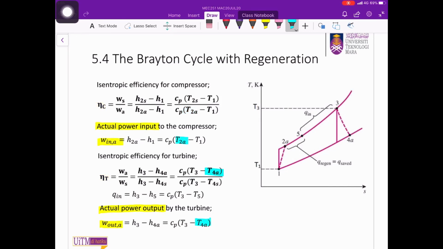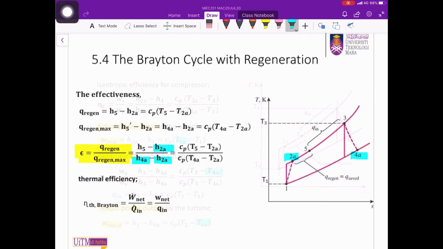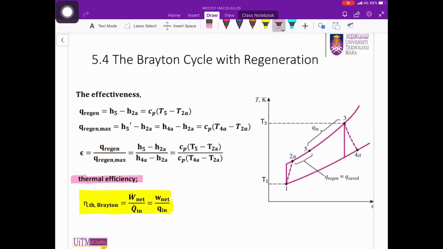The actual power input and power output will use the actual properties to be determined. We can also calculate the actual regenerator effectiveness by using the actual properties, which for our case are state 2A and state 4A. Again, we are still going to use the same formula for the thermal efficiency of the Brayton cycle with regeneration.